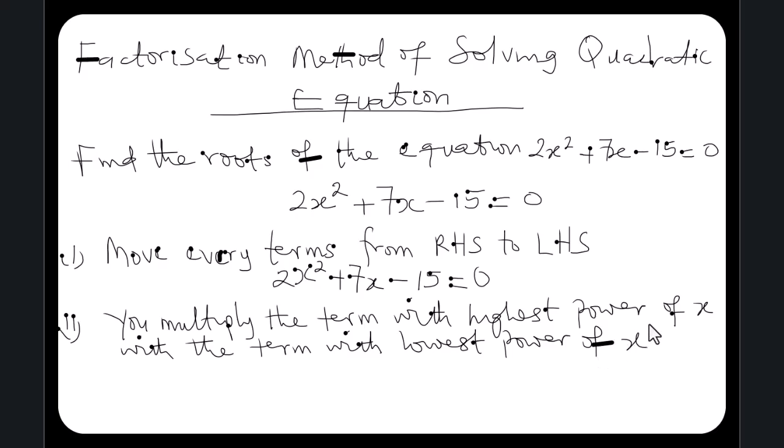You multiply the term with the highest power of x with the term with the lowest power of x. So in this case, the term with the highest power of x is 2x squared.